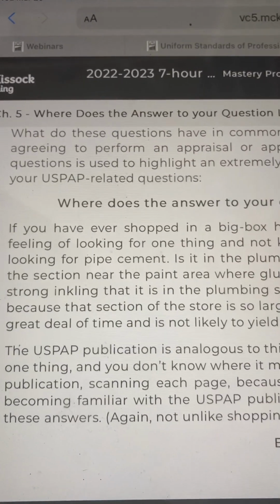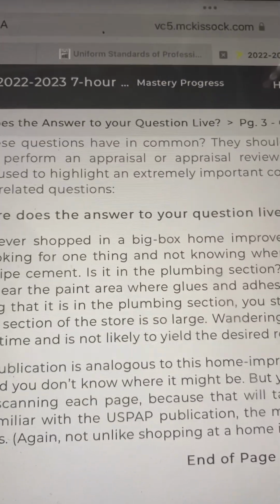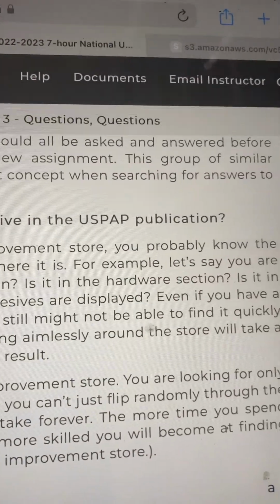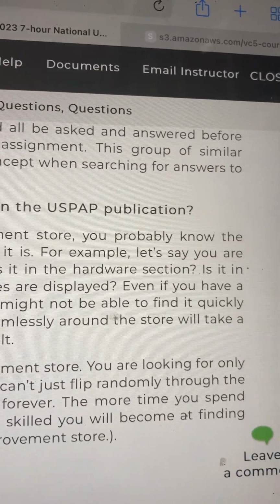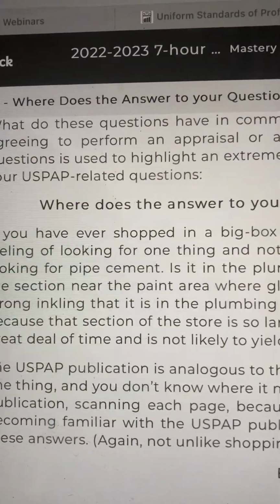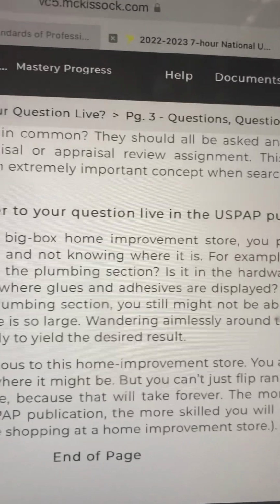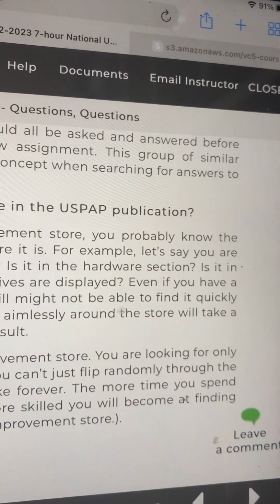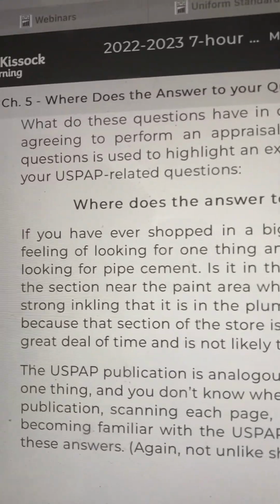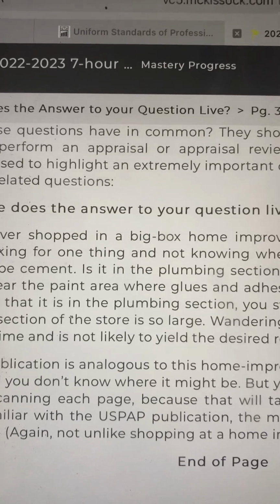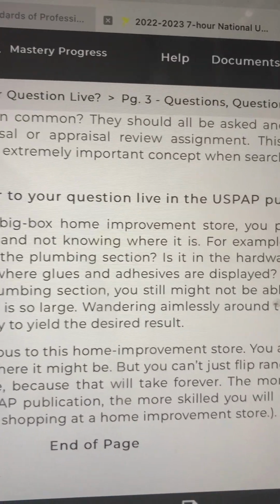If you have ever shopped in a big box home improvement store, you probably know the feeling of looking for one thing and not knowing where it is. For example, let's say you are looking for pipe cement. Is it in the plumbing section?